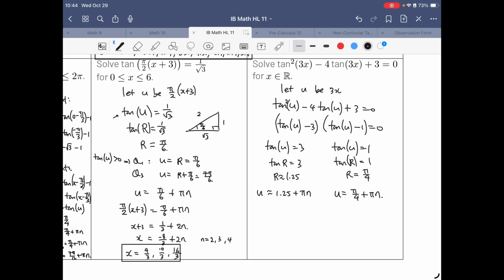Now let's replace u back with 3x. I think we can say x is approximately equal to 0.416.